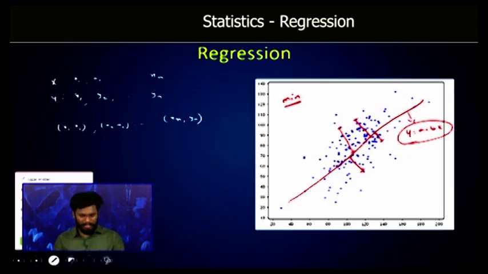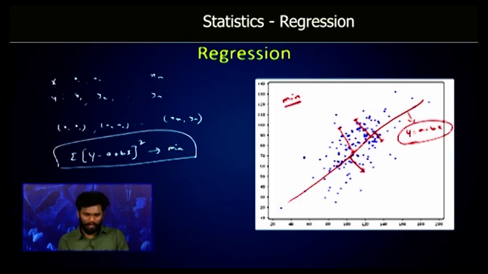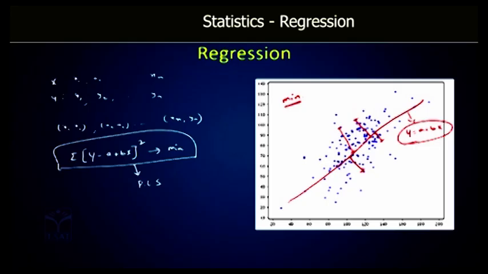Now, in mathematical terms, how can we write it? Y minus (a plus bx) is the deviation. The sum of the squares of the deviations must be a minimum value. How can we make this a minimum? We can make the function summation of (y minus (a plus bx)) whole square a minimum by using the principle of least squares.